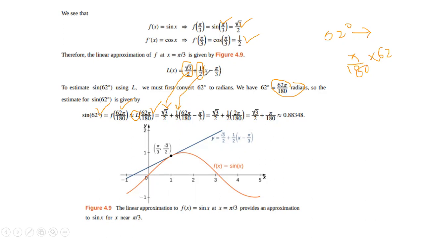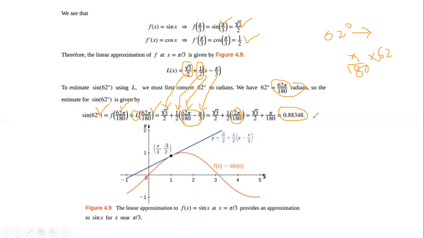Now what is the value of x? The x value is 62 pi divided by 180 minus pi upon 3. After the calculation, I first take the LCM and solve this bracket. Then the value is 2 pi divided by 180. So the answer will be root 3 upon 2 plus pi upon 180, which equals 0.88348.